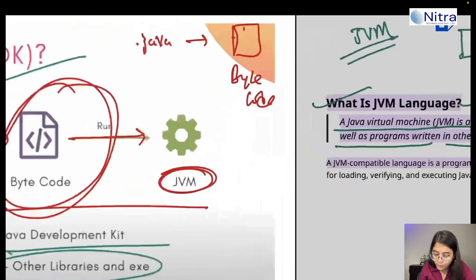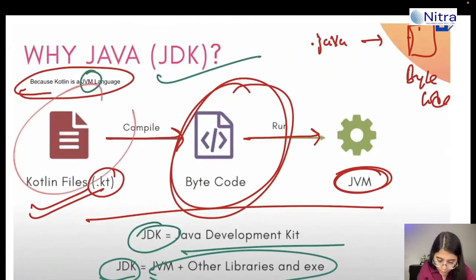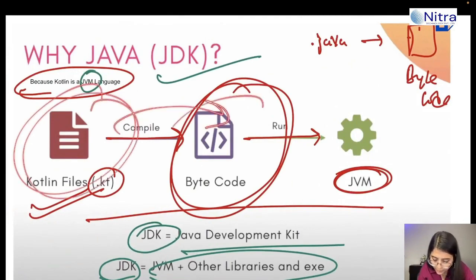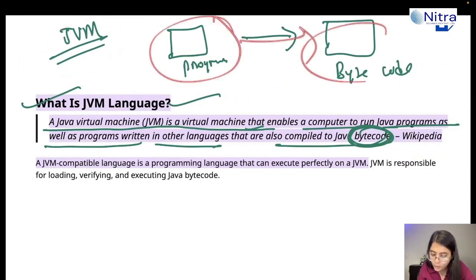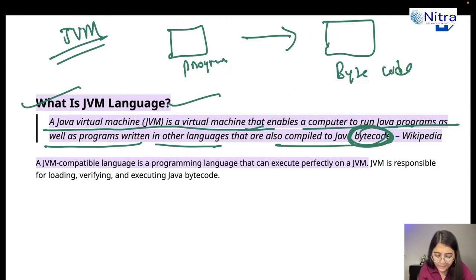We just got to know that Kotlin code can be compiled into bytecode, right? So obviously, indirectly it means the JVM can run Kotlin code as well.